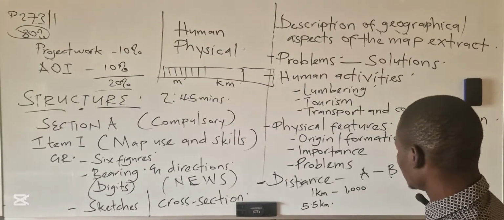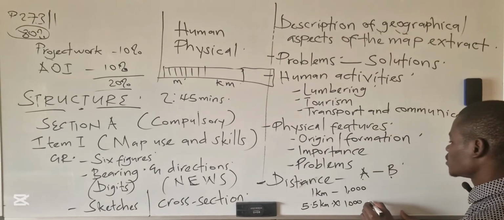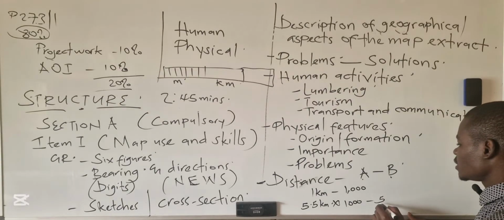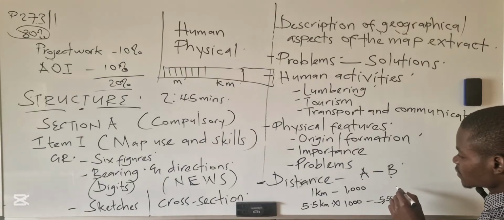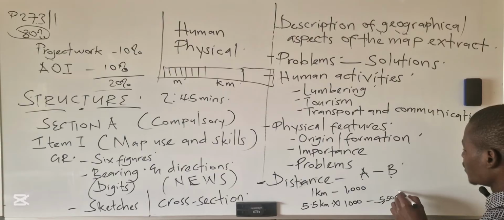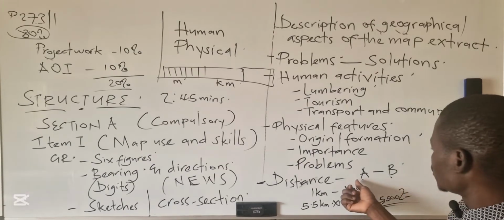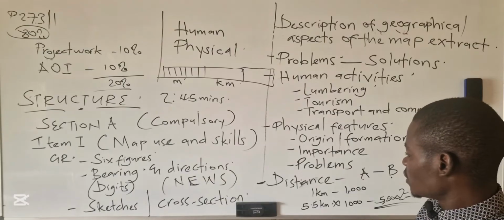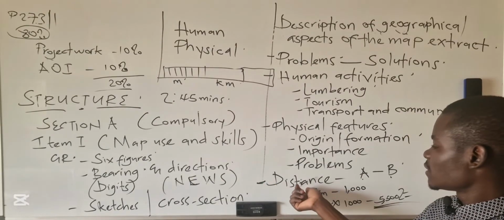So what do you do? You simply multiply by 1,000. So meaning this person is going to spend something like 5,500 shillings. That is the cost of transport from point A to point B. So this is the real essence of measuring the distance.